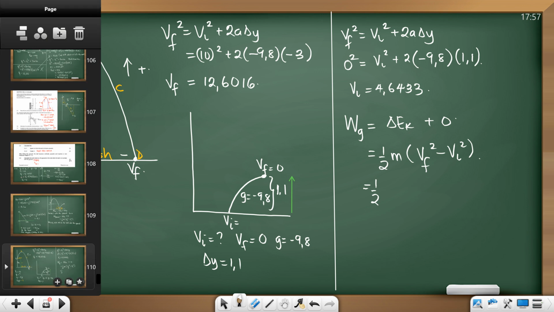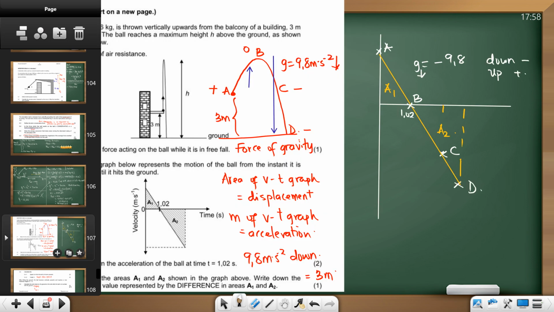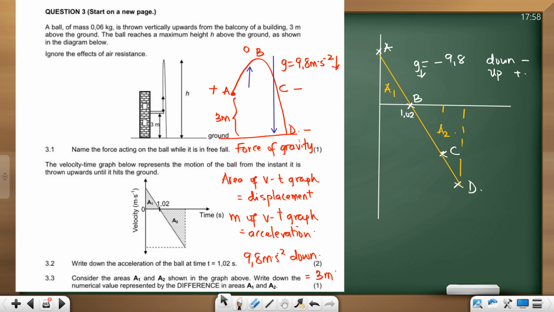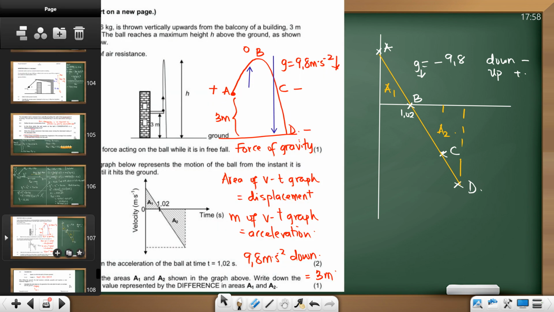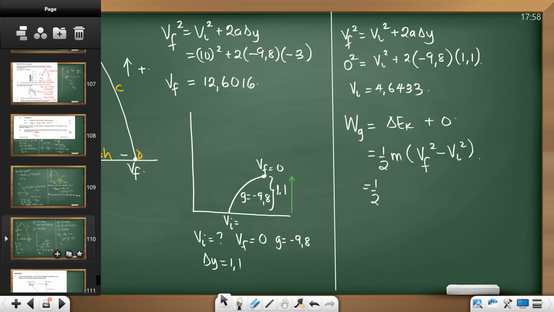This is why they gave us the mass. They had this question waiting for us. What is the mass again? 0,06. I don't know if you see that we are done with the whole question just like that. 0,06.